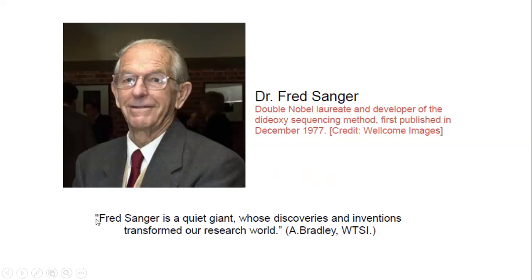So he went beyond expectations, just as described by one of the persons here, Bradley. Fred Sanger is a giant whose discoveries and inventions transformed our research methods. Absolutely, they transformed the whole genome analysis, genome sequencing method from 1977 over 4 decades of timeline.